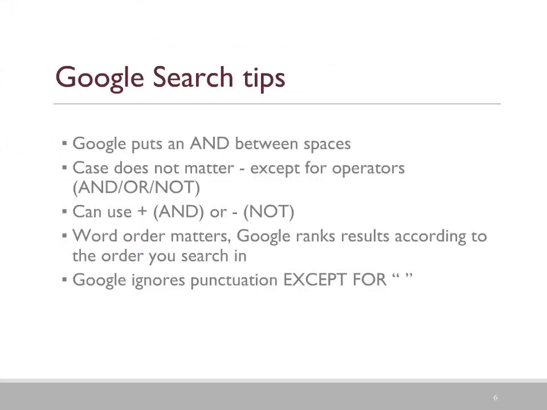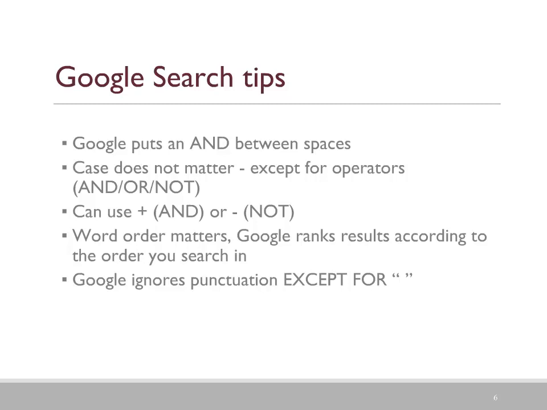For some Google search tips you might not be aware of, Google automatically puts "and" between spaces of words. Case does not matter except when you're using your Boolean operators and, or, not. You can also use the plus sign instead of the Boolean operator "and", or the minus sign instead of the Boolean operator "not".